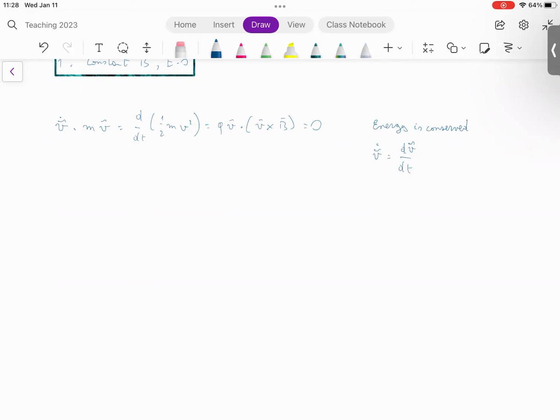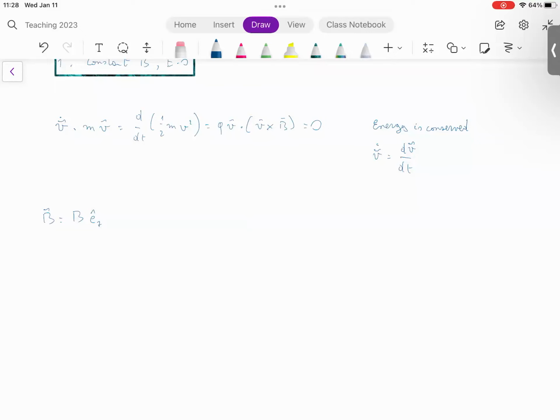In particular, I'm going to pick my frame of reference so that B is in the z direction. I'm going to use the notation E sub z with a hat on the E to indicate unit vectors.